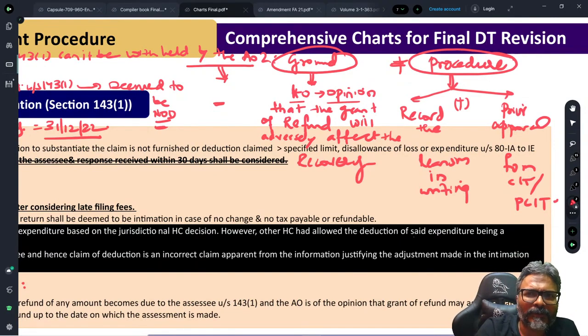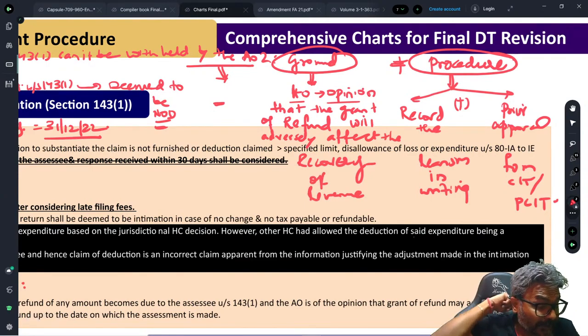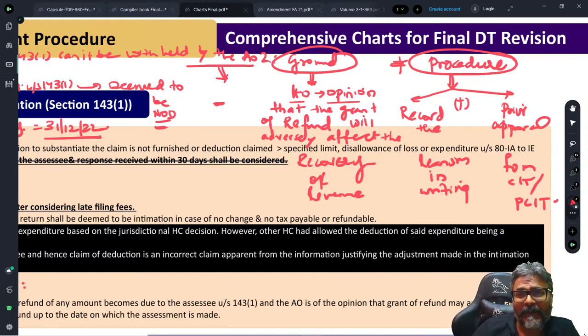So what is the ground and what is the procedure? The ground in this case is that the AO should be of the opinion that the grant of the refund will adversely affect the recovery of revenue. And the second is the procedure, which is that the AO will have to record the reasons in writing, and thereafter, students, with the prior approval taken from the CIT or the PCIT, he definitely can withhold the refund.